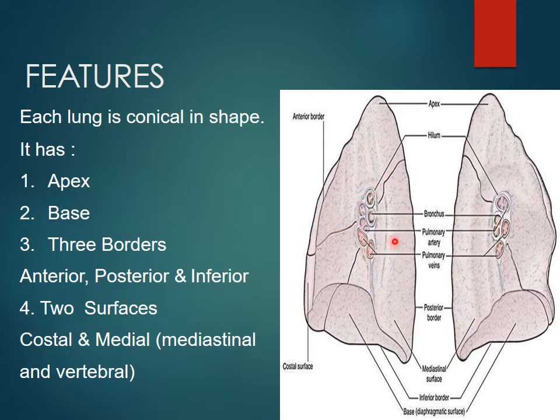The medial surface is further divided into its mediastinal part and the vertebral part. The vertebral part is the area surrounding the vertebral bodies, and the mediastinal part surrounds the mediastinum portion.